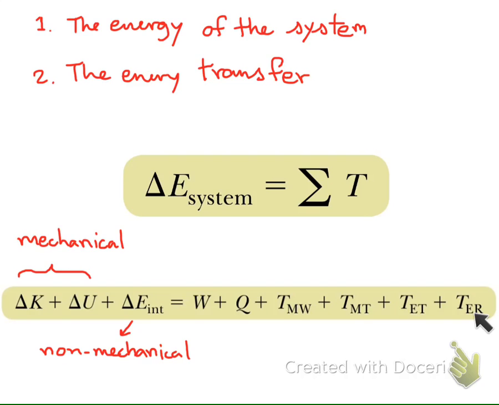You can see that there are a lot of methods to transfer the energy, but anyway, the total effect of these transfers of the energy, or the exchange of the energy, will result in the change of the total energy of the system.